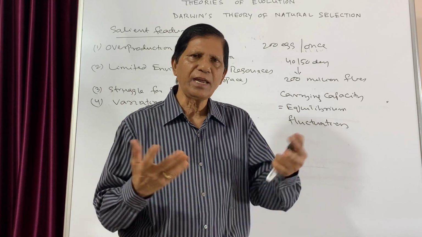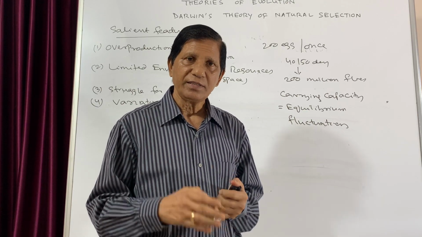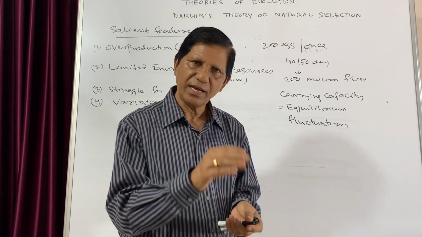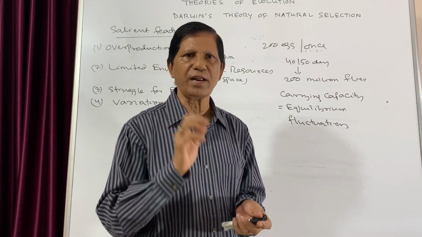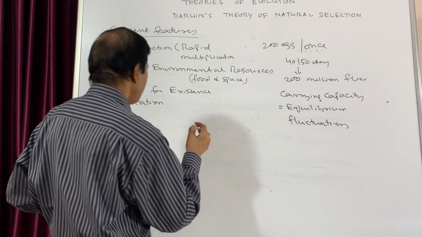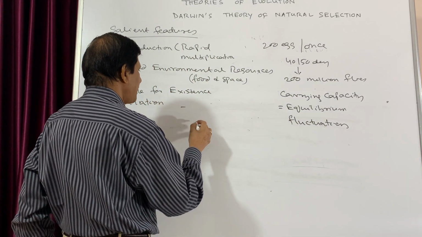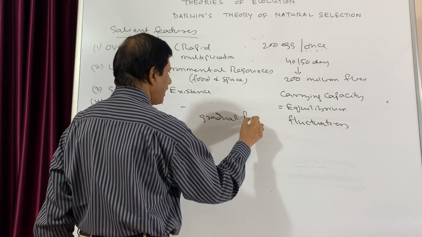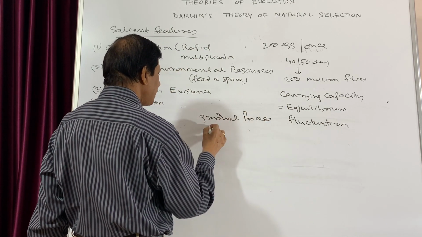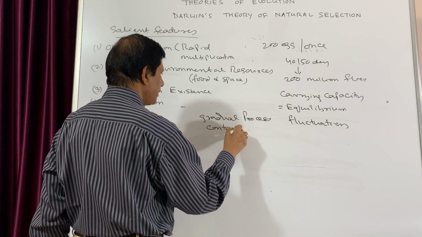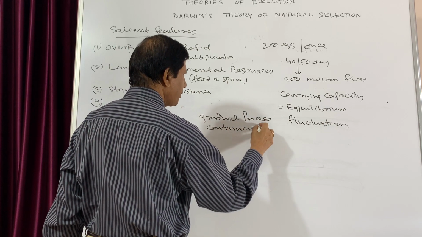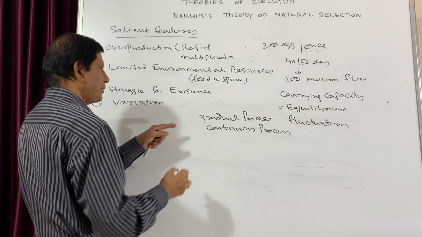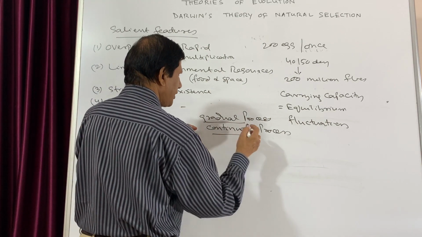Any type of variation may arise. But the variations which are favorable to the possessor are usually inherited, according to Darwin. According to Darwin, variation is a gradual and continuous process.